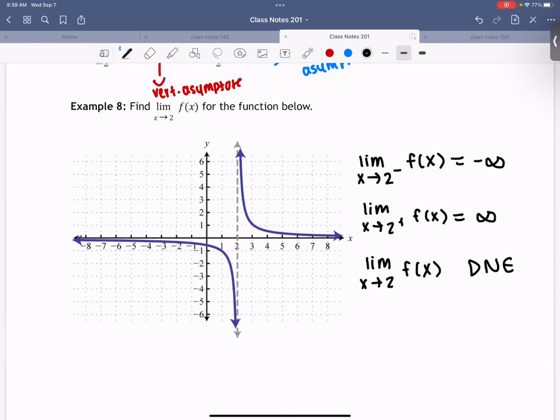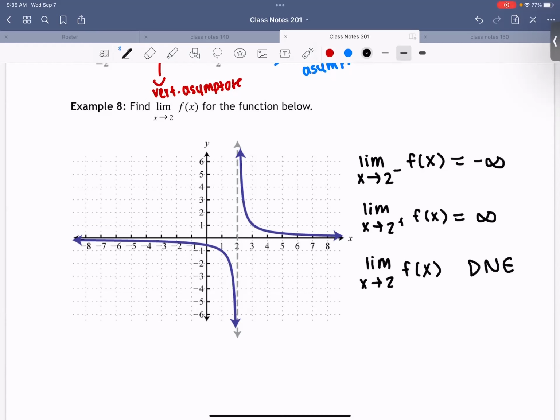Here's another example. We have g of x, which is x times sine of 1 over x. Let's talk about this function. We still have these oscillations, but they're doing something a little bit different. Let's talk about the limits here. Let's talk about the limit as x goes to 0 from the left of g of x.